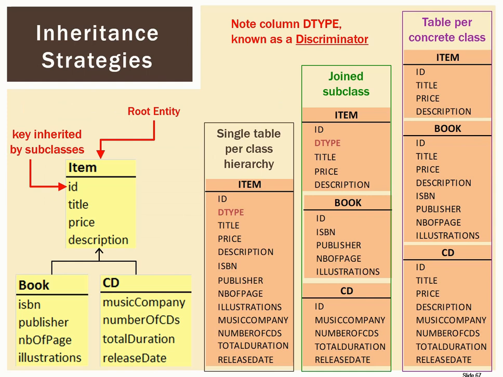So here we have a classic inheritance structure. We have the generic item, and an item consists of its subclasses. We have books that are items, and we have CDs that are items. Those are the two subclasses. Books, you understand, have an ISBN, a publisher, number of pages, and illustrations.